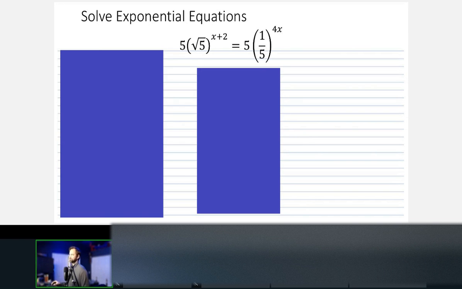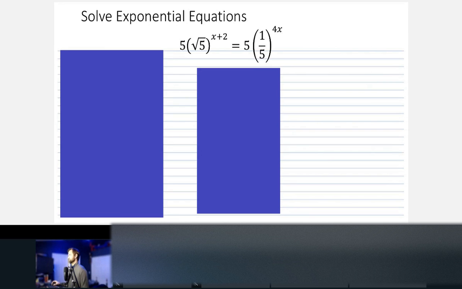All right, for this one, what did you do first? What's the first step? Turn the square root of 5 into 5 to the 1/2 power. Yes, we could do that.